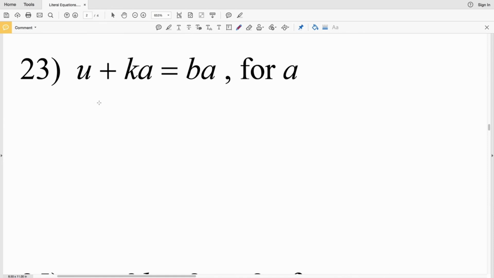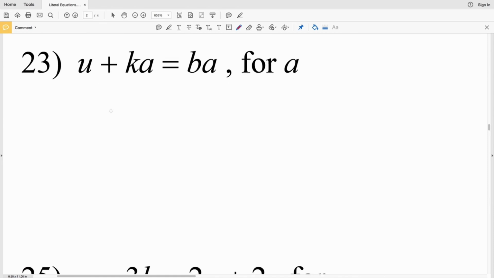In number 23, we have u plus k times a equals b times a. I'm going to start by subtracting ka from both sides so that my terms with a are on the same side of the equation. I'll have u plus 0, which is u, and that's equal to ba minus ka. I'm going to take out an a from ba and ka.